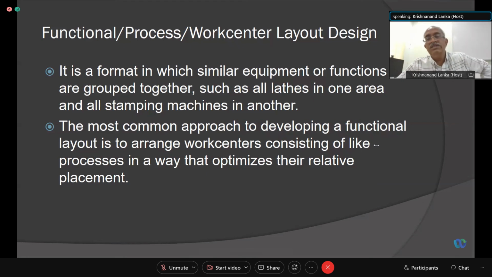What are the design issues when you are going for a job order production system? For a job order production system the best layout is functional or process layout. So how do we design that, and what design criteria do we use in designing a functional layout? That we will discuss in the next class.